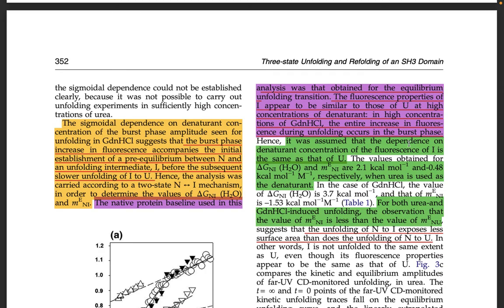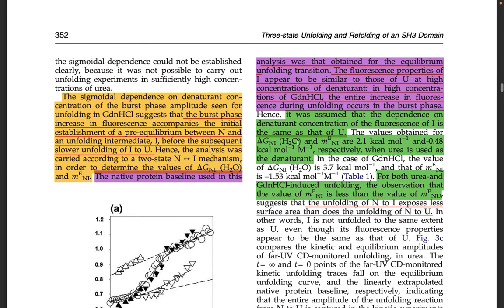The fluorescence properties of I appear to be similar to those of U at high concentration of denaturant. In high concentration of guanidinium hydrochloride, the entire increase in fluorescence during unfolding occurs in the burst phase.